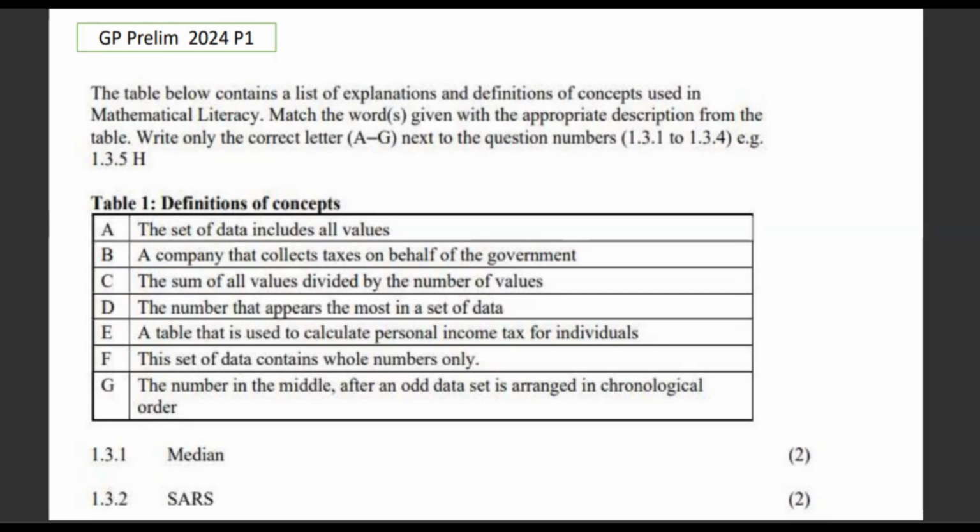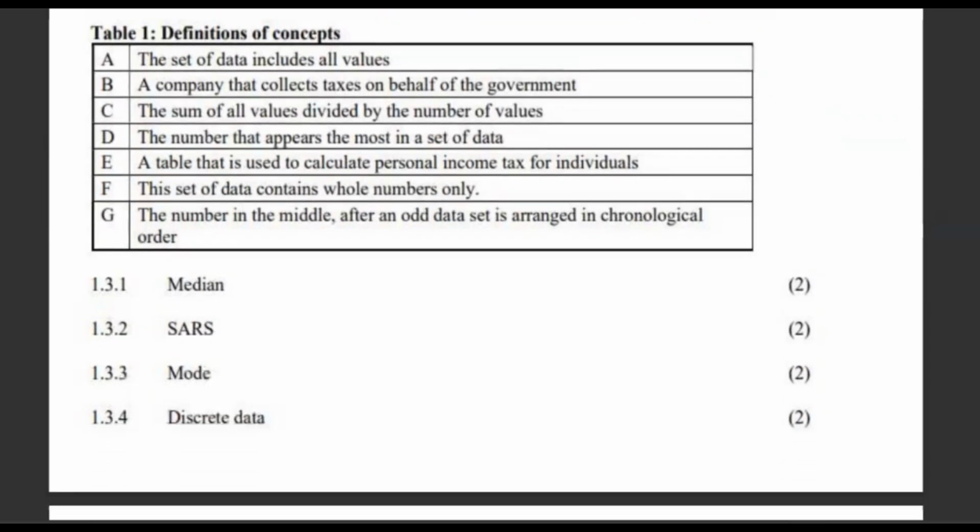All right, let's look at the definitions. I like to first go through the definitions and find the proper one. All right, number A. A set of data that includes all values. Data collection, data values. A company that collects, this is South African Revenue Services.